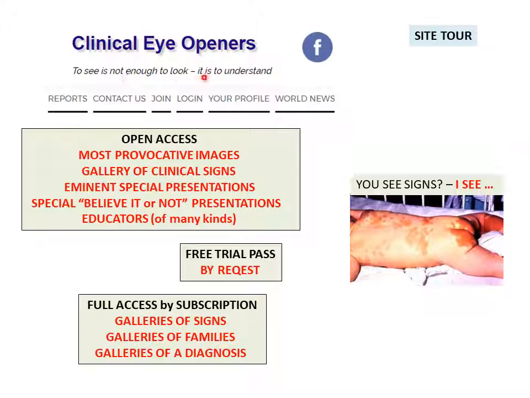So access to clinical eye-openers is at several levels. You can have open access to all of these elements, but there are others, such as clinical photographs and so on, that we cannot place in the open cloud or web, and yet you may not wish to subscribe to gain complete access, or you may wish to explore it before you make such decisions.